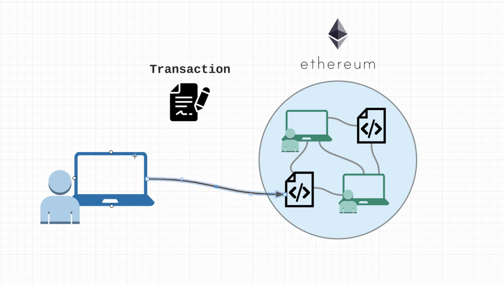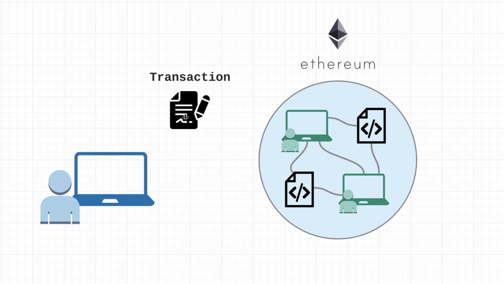Once they are initially kicked off by an EOA, they can indeed, let me find my little red dot here, call other contracts as part of their execution. So again, in the Ethereum network, contracts can indeed call other contracts. They just can't initiate the process. The process has to be initiated by an account with a private key.